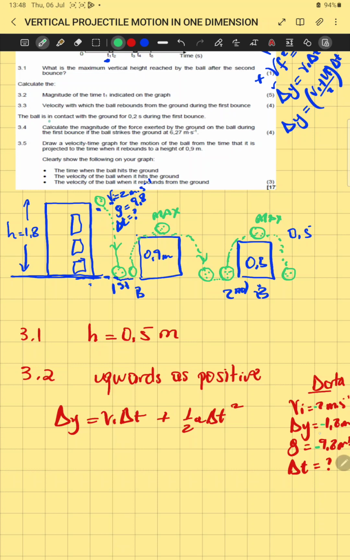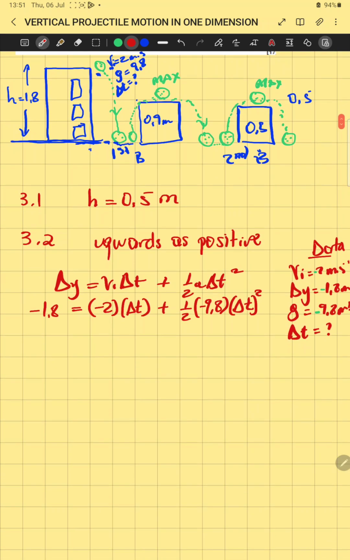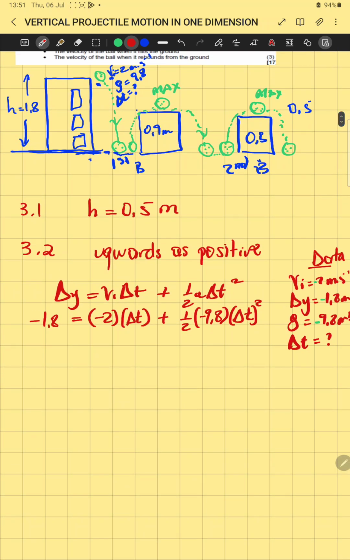Now I'm going to substitute with the height in the place of delta y here and the initial velocity, and then we solve for time. Perfect. This is our substitution. Then we just work it out, and then we go to the quadratic equation, because there will be no factors here.